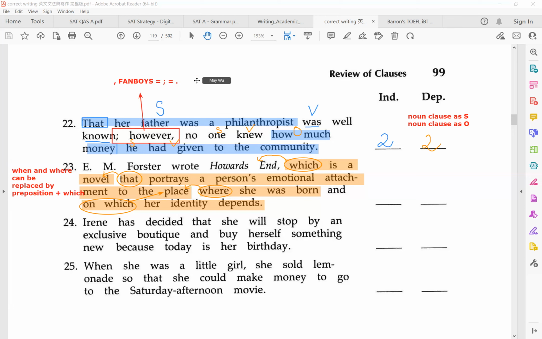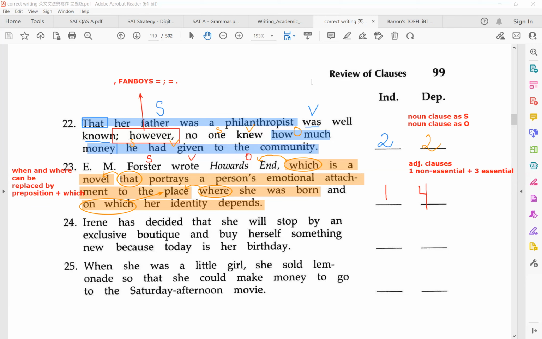And so in this case, we know that, well, we have one independent clause, Forster wrote Howard's End, plus 4 adjective clauses, right? And I would say there is one essential and one non-essential plus 3 essential adjective clauses. Okay, so this is a very complicated sentence.